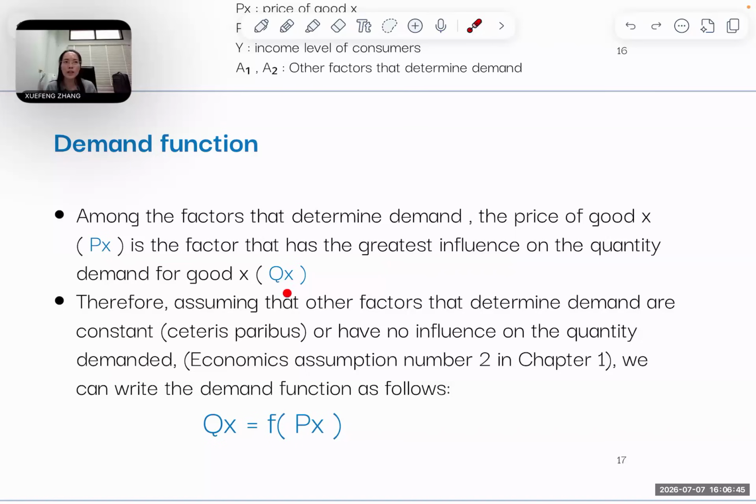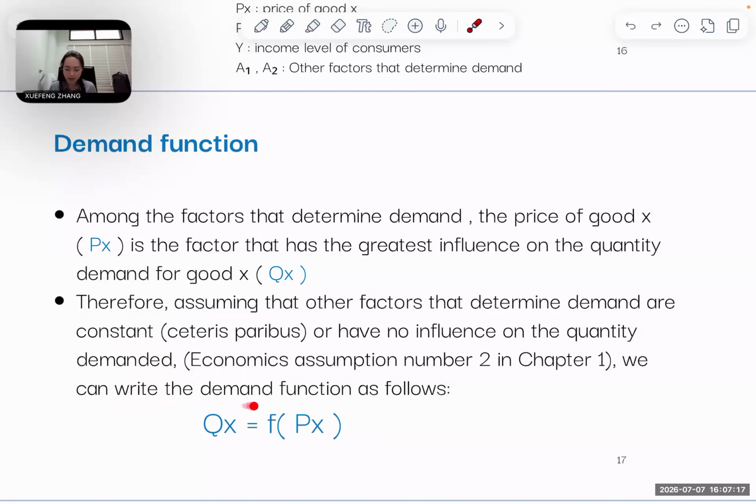Normally we think of price as the priority, okay? So we simplify. We're assuming that other factors that determine demand are constant. This is the ceteris paribus assumption that we mentioned before, or have no influence on the quantity demanded, okay? Here is a reminder, economics assumption number 2 in chapter 1.